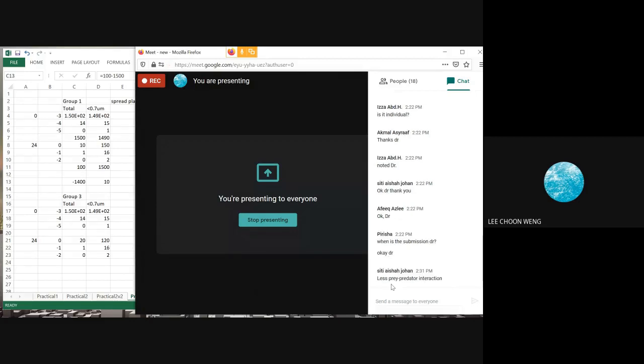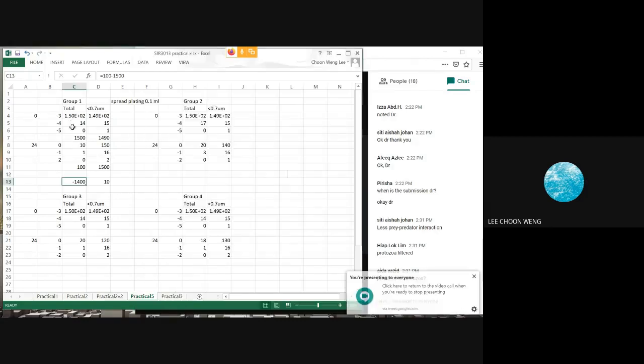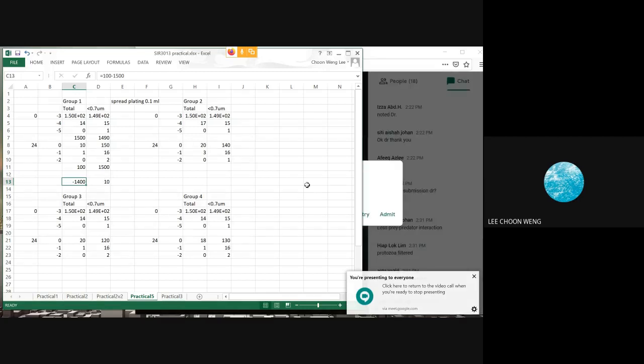Anyone? Okay, so in the less than 0.7 micron, there is no protozoa. Presumably there are no more predators. Here there are predators. That's why the grazing is there, and that's why your E. coli counts decreased. Here there's no grazing. That's why your E. coli didn't decrease.